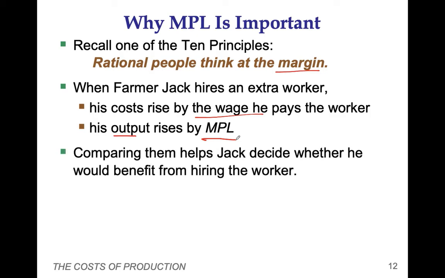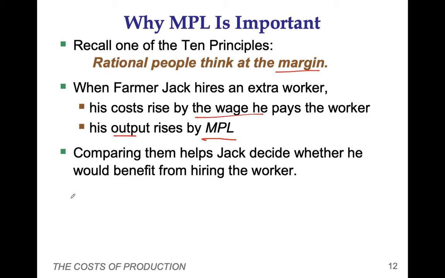So he compares these two things, the costs and the revenue of this extra worker. Comparing them helps Jack decide whether he would benefit from hiring the worker. So after comparing these two things, he will decide whether it is beneficial and profitable for him to hire one more worker or not.